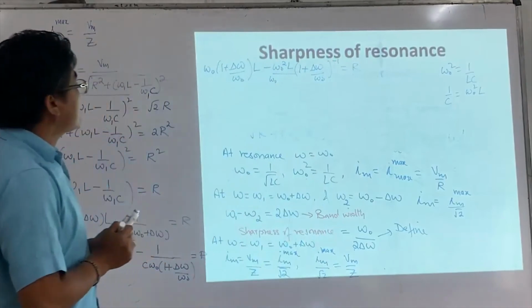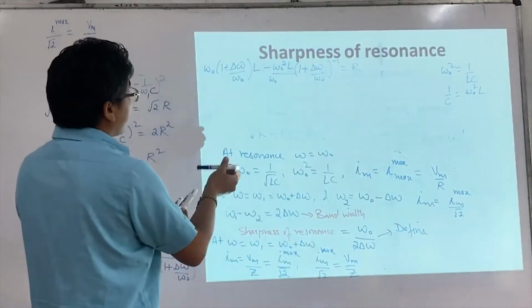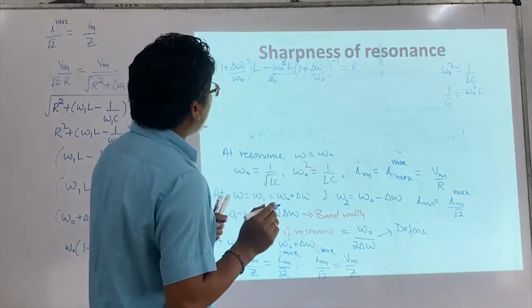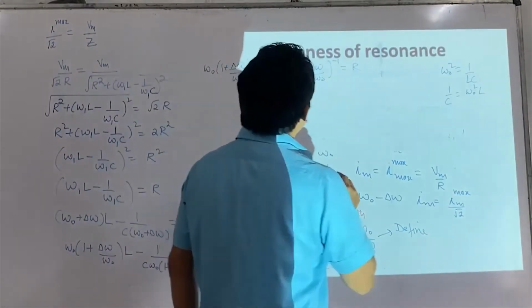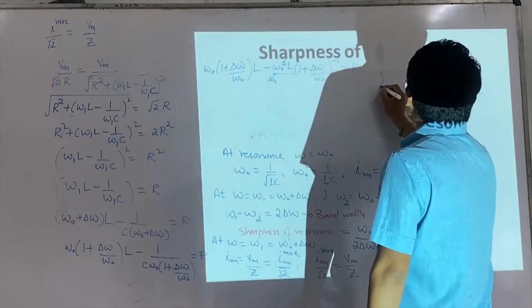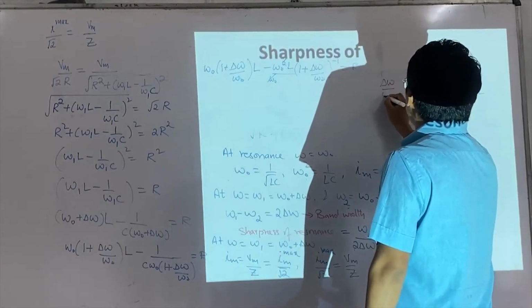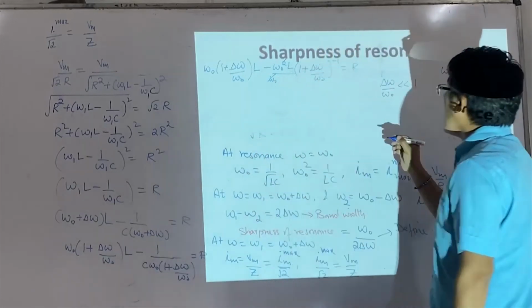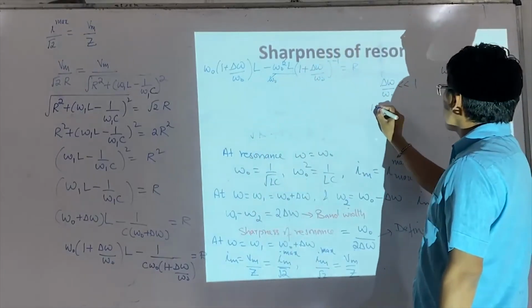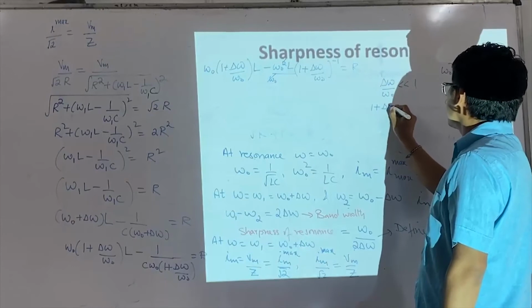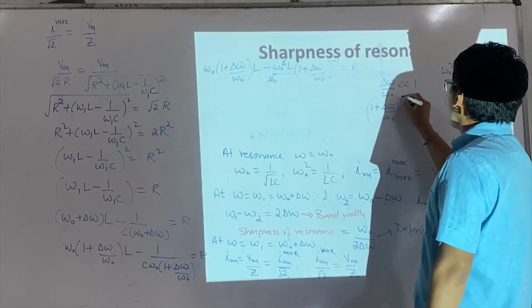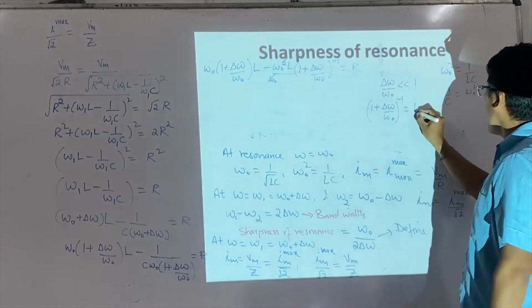Alright, this is what I do, and then these two cancel out, and again I'm doing one approximation. The approximation is that since delta omega divided by omega naught is much less than 1, then (1 plus delta omega by omega naught) to the power of minus 1 is going to be 1 minus delta omega by omega naught.